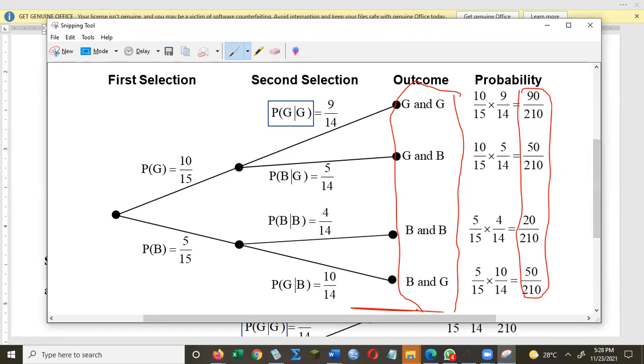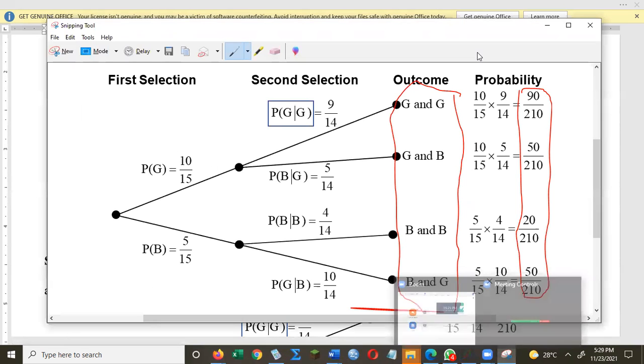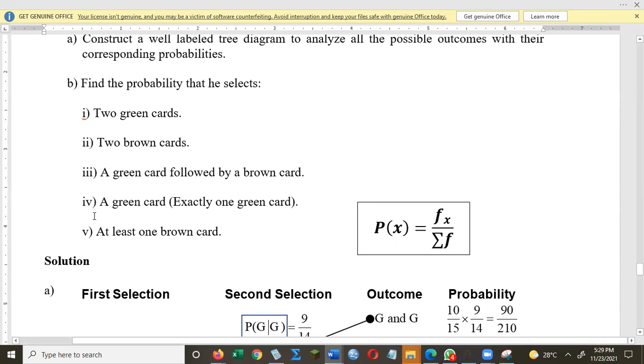So you see, like part 1 and part 2, we get our answer right away, and part 3, we get our answer, because there is no other way. There are no 2 ways to get 2 green cards, only 1 way, so there is no or. There are no 2 ways to get 2 brown cards, so there is no or.